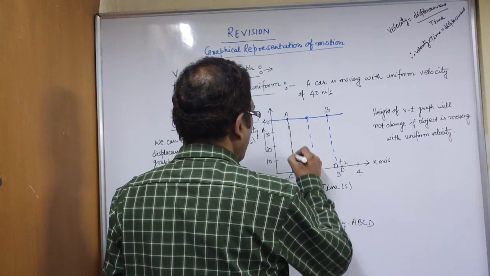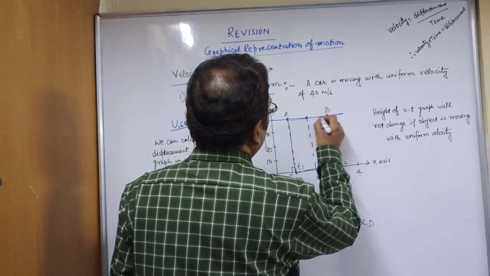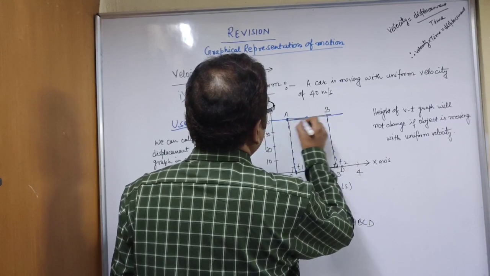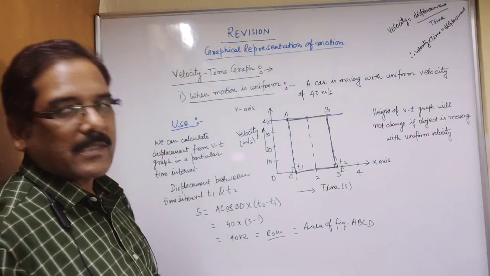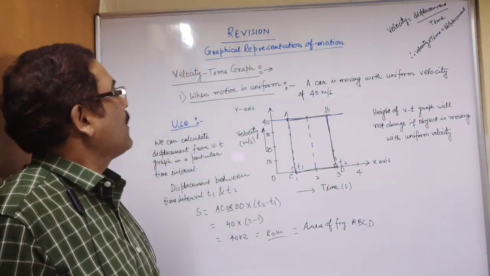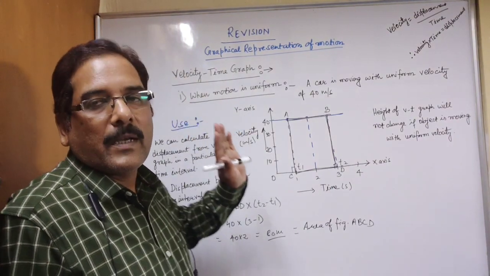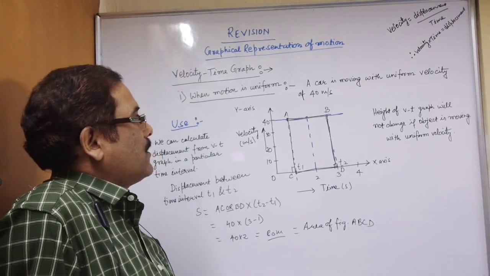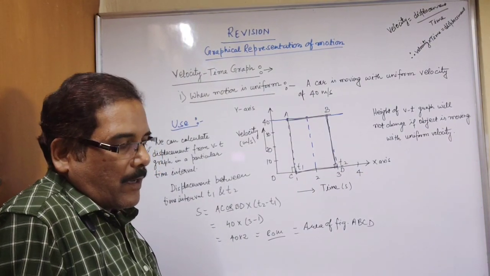So this area is giving the magnitude of displacement between the points A and B. So this is one use of the velocity time graph when the object is moving with constant or uniform velocity, it means motion is uniform.